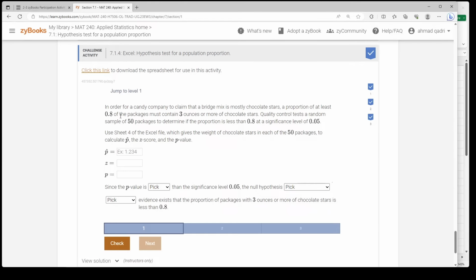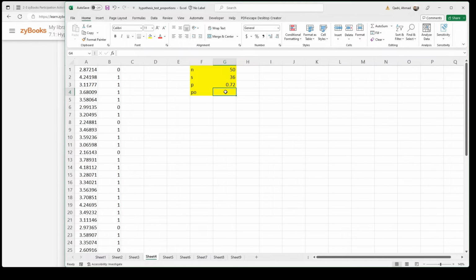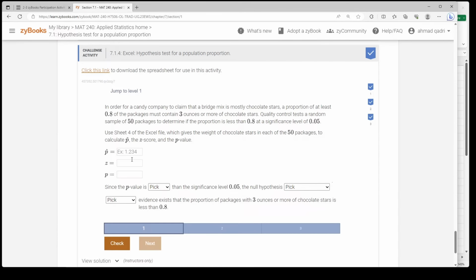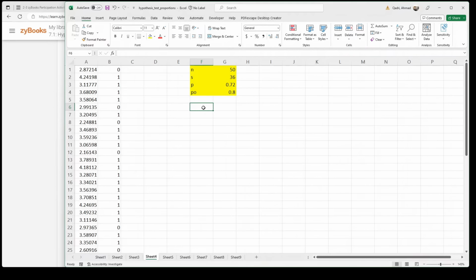Now the null hypothesis has p equal to 0.8. So under the null hypothesis it is 0.80. The first question is what is p-hat? We already calculated that, 0.72. We need to find z. For z, I can just type out the formula here.